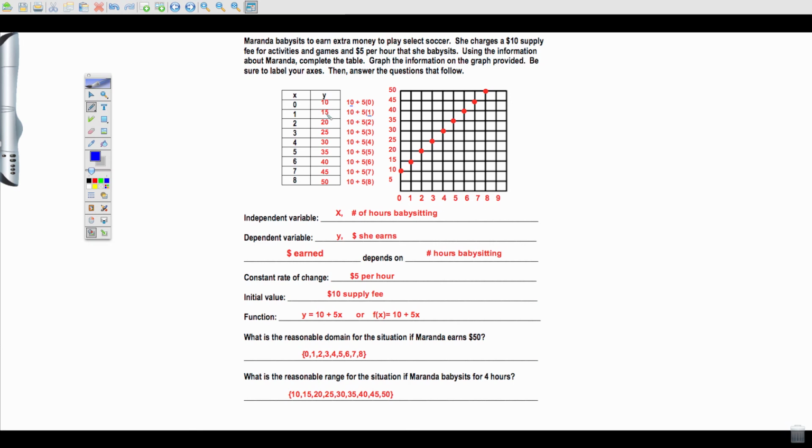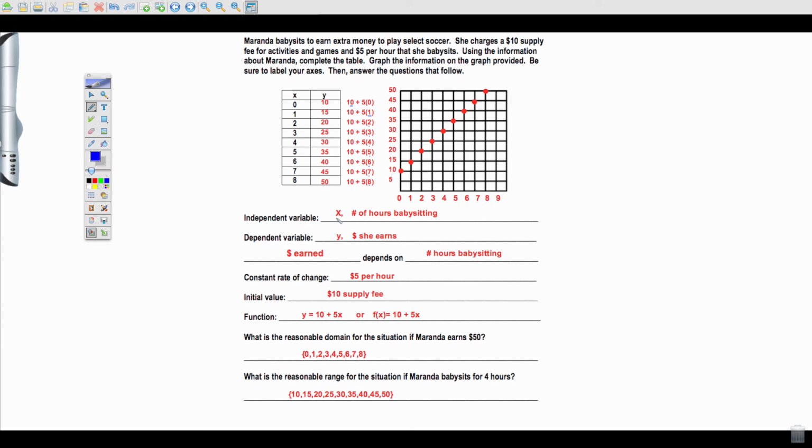She works 1 hour, so that's 10 plus 5, which is 15. And you can see the pattern that's developed. The number of hours she works, we just plug it into our equation here. So using this equation, we can figure out how much she would make given the number of hours.